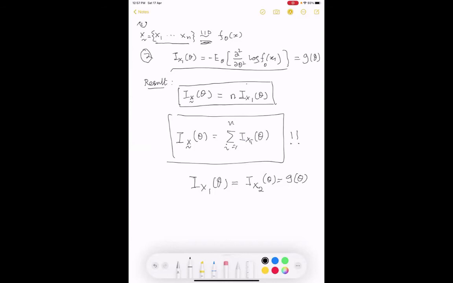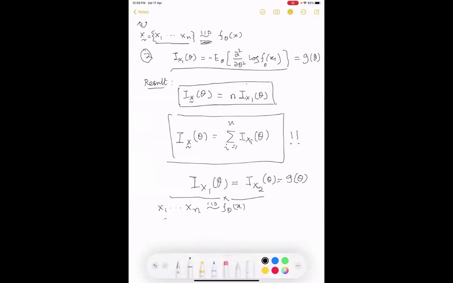But let me tell you one thing. If X1, X2, ..., Xn follow some distribution, say IID, to make our life simpler, with parameter theta, then what is my statistic?